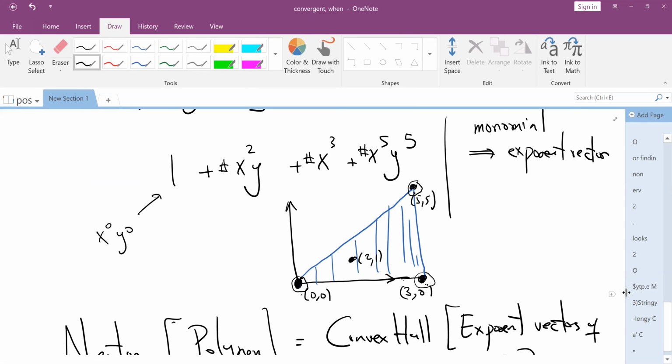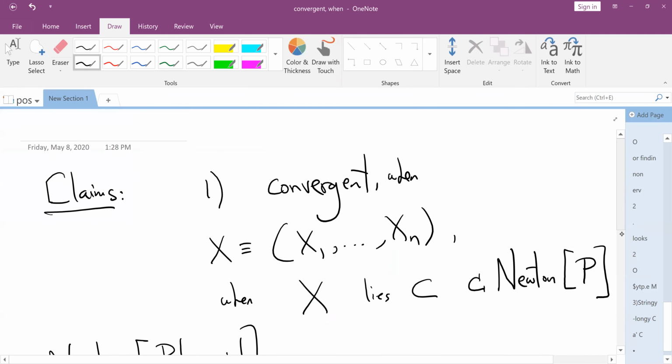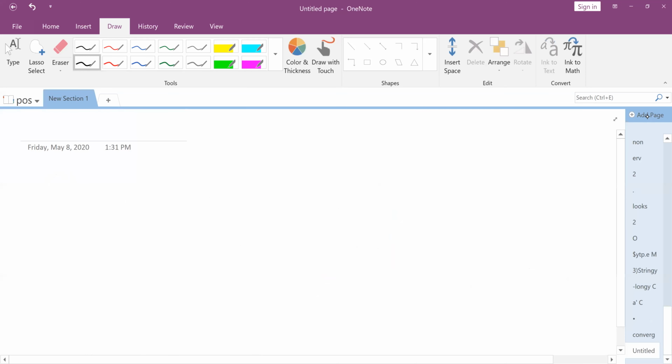It captures and tells you, as you go off to infinity, who is going to be dominant and who dominates over whom. And for our purposes, that's what matters, because we're interested in figuring out when this integral converges. So we have this integral, dx1 over x1.